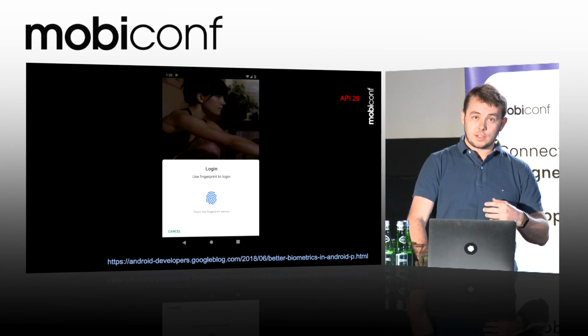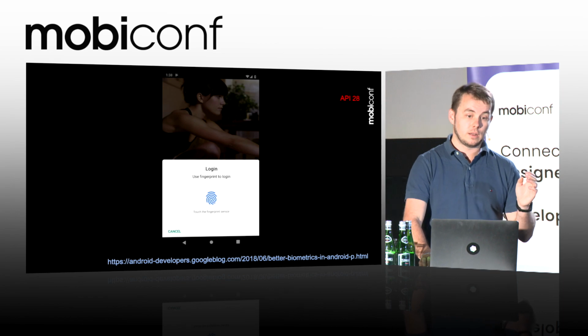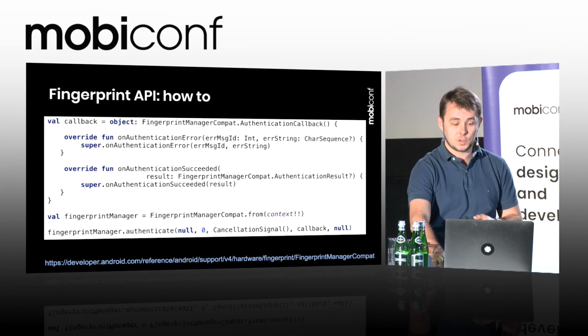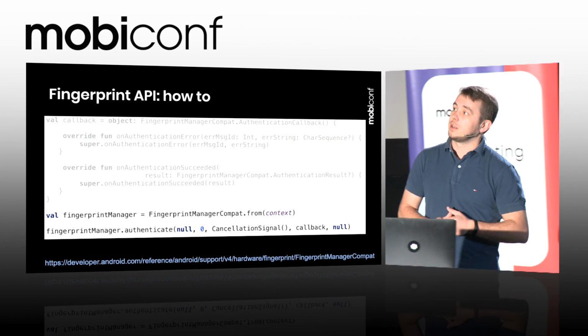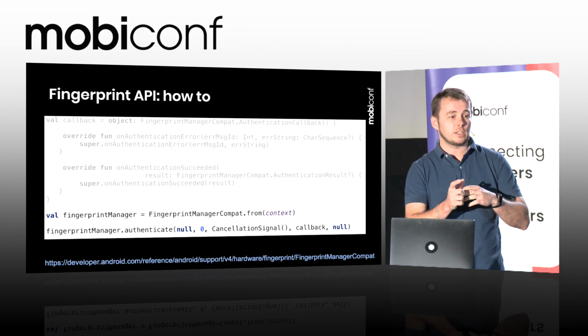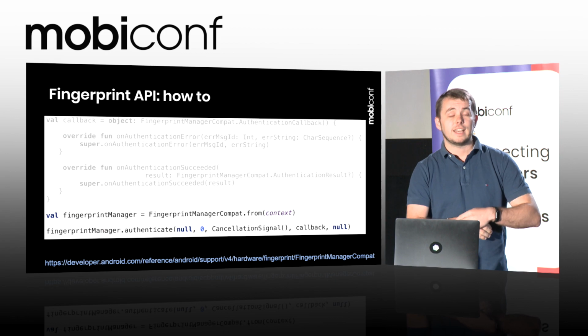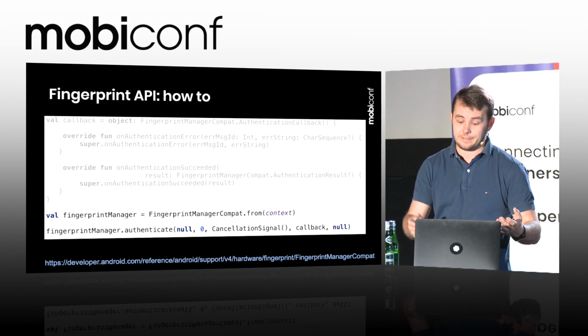But in case you would like to reach more users and use API 26, when the Fingerprint API was available, it is possible to use FingerprintManagerCompat, where you need to perform authentication and process results in callbacks. But in that case, there is no pre-built UI. This is a disadvantage.